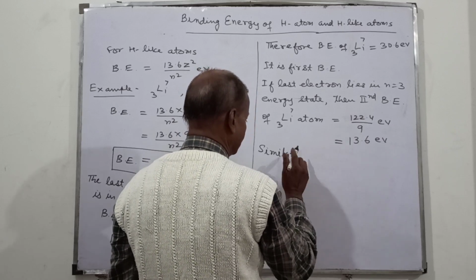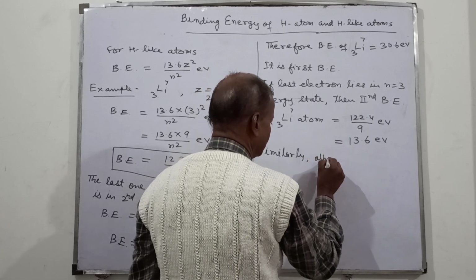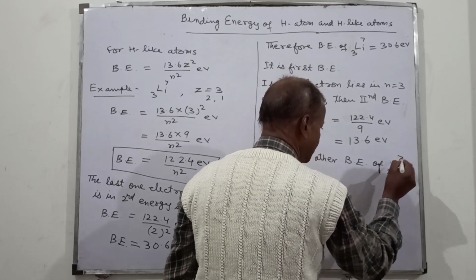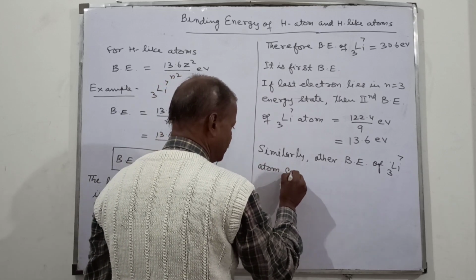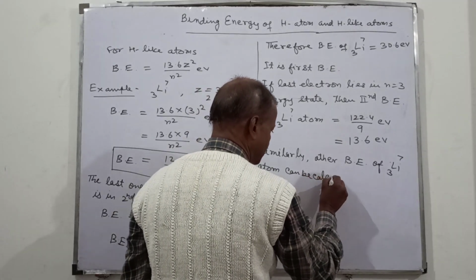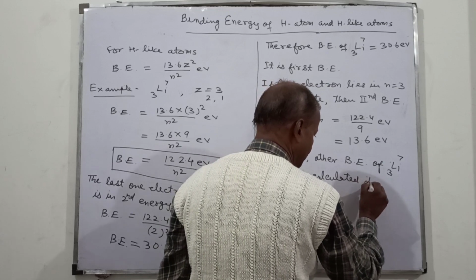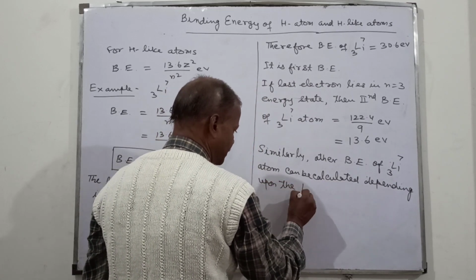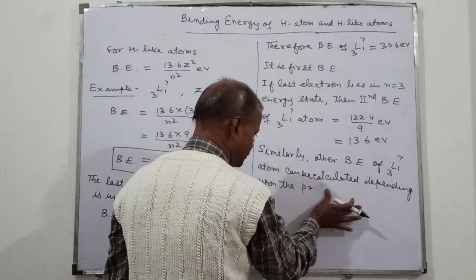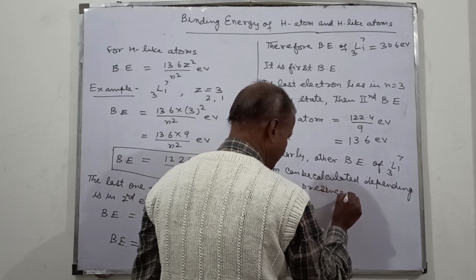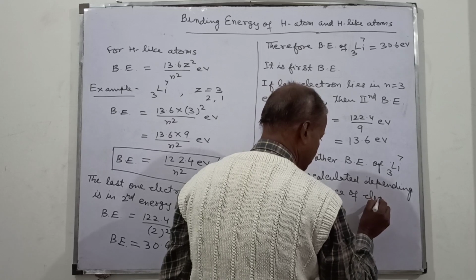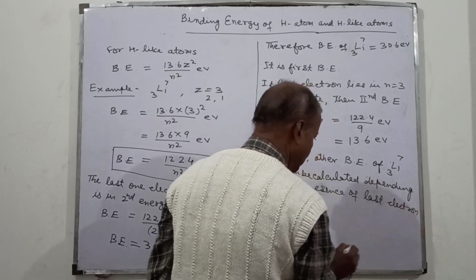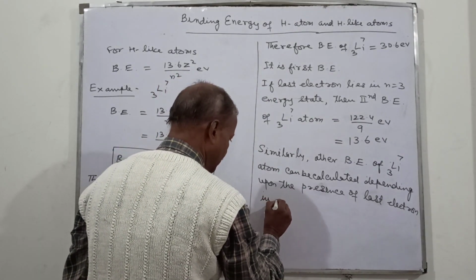Similarly, other binding energies of the lithium 3,7 atom can be calculated depending upon the presence of the last electron in the energy level.